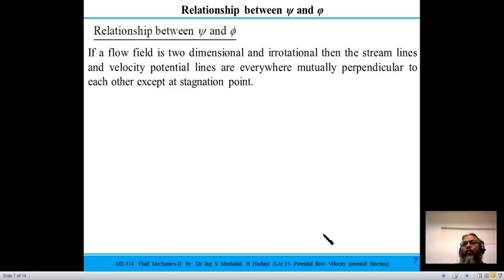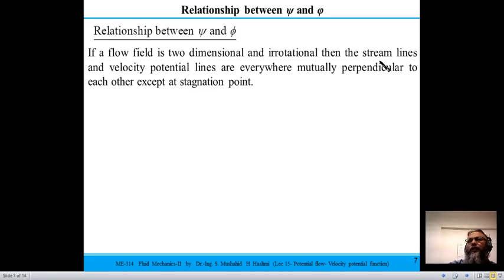Because the idea of the velocity potential function is three-dimensional, but since the idea of the stream function is two-dimensional, we restrict ourselves to a 2D problem so that we can compare the relationship between these two types of functions. So if the flow field is two-dimensional and irrotational, it means it has a corresponding velocity potential function.